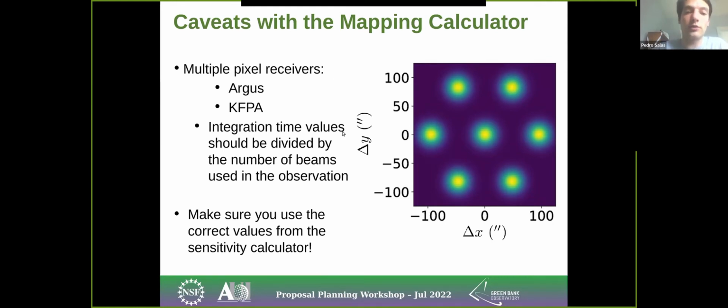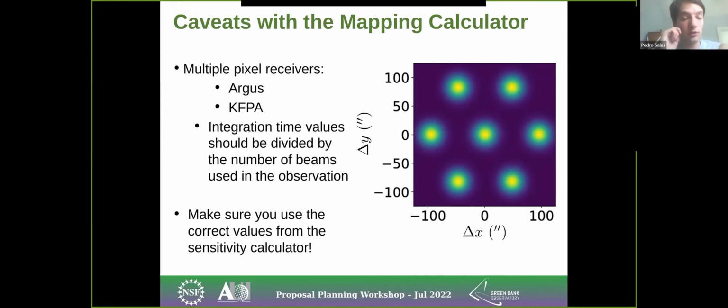And of course, depending on the type of experiment you're doing and the calibration method you choose to use, be it position switching or frequency switching, make sure you use the correct time as input to the mapping calculator. For example, this applies very much for position switching mainly. If you're making a map using position switching, the sensitivity calculator will give you a total time which considers the on plus off time for a single position.